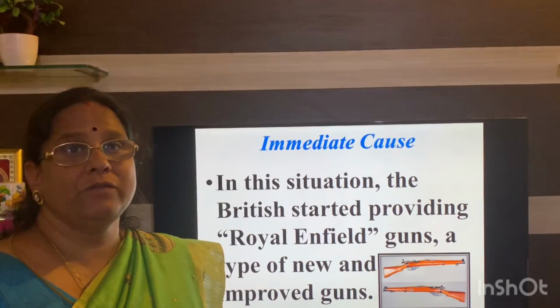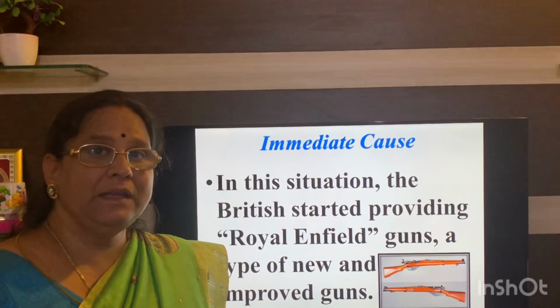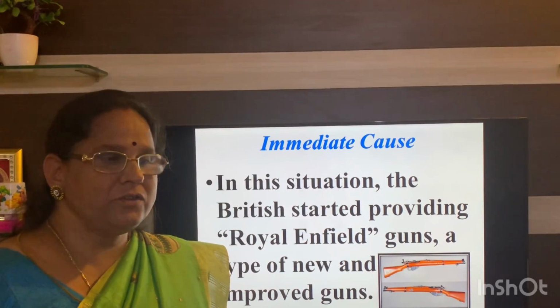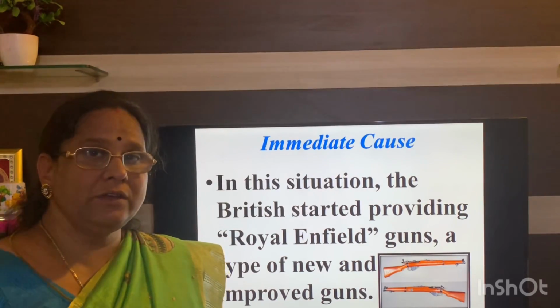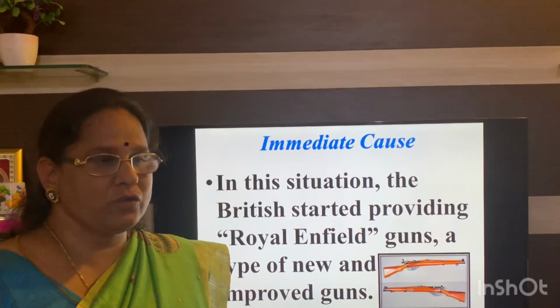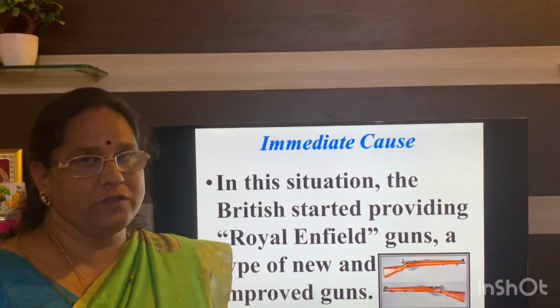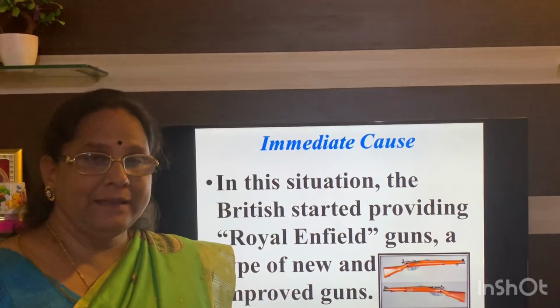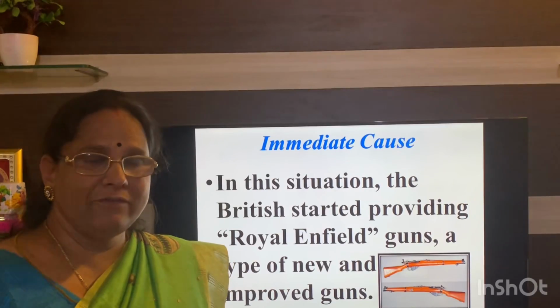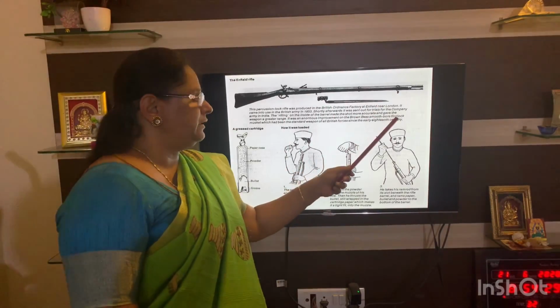Now the reasons for the First War of Indian Independence, that is, the immediate causes. In this situation, the British introduced a new type of improved gun, called the Royal Enfield. A new gun was introduced during this period, and that was the Royal Enfield.